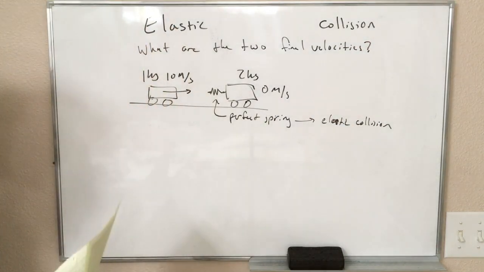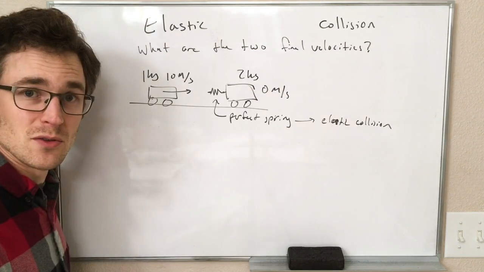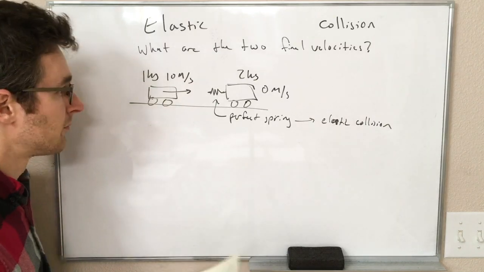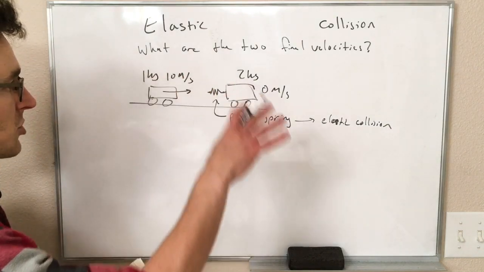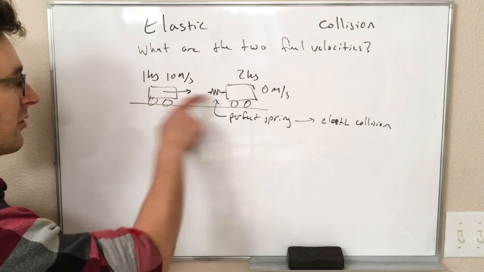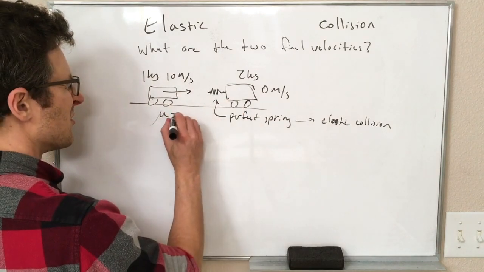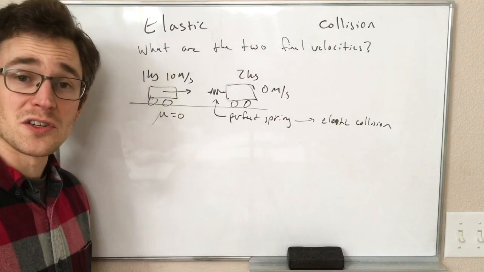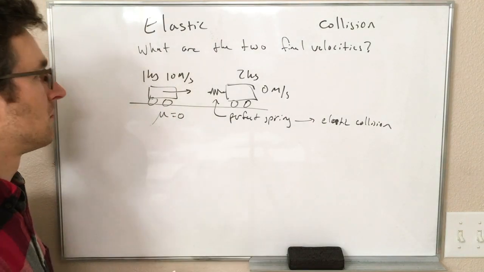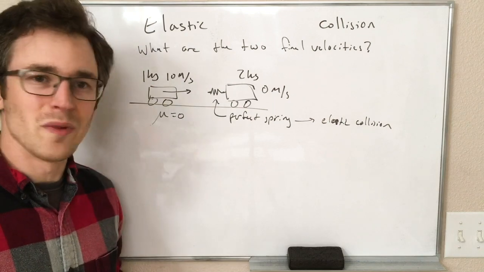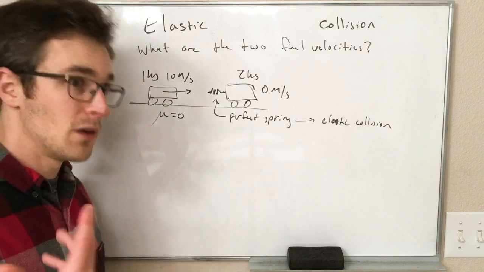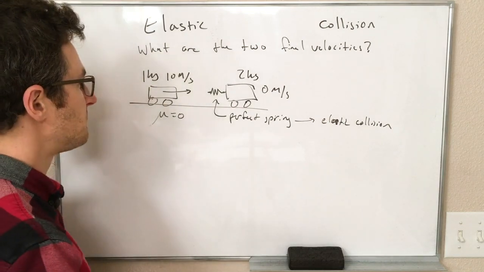Okay, so if we were solving this like a momentum problem, we could write down the initial momentum and the final momentum and set those two things equal to each other. I'm not going to check to show you that momentum is conserved. Hopefully you believe that for two carts on a frictionless surface, that is a problem we can solve with momentum conservation because there are no net external forces on the carts.